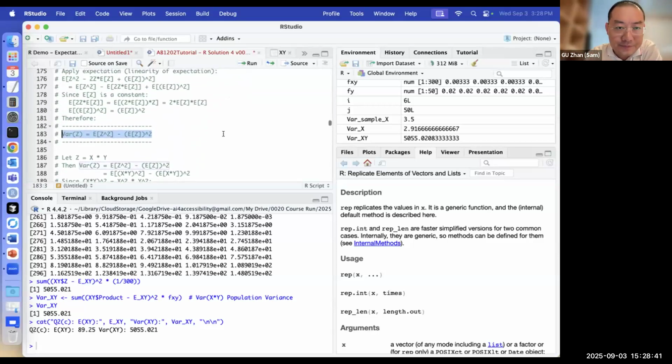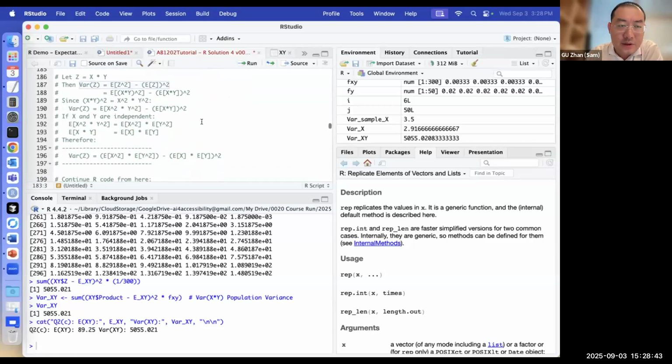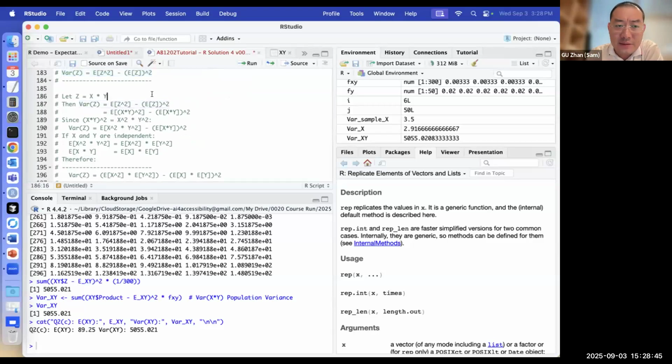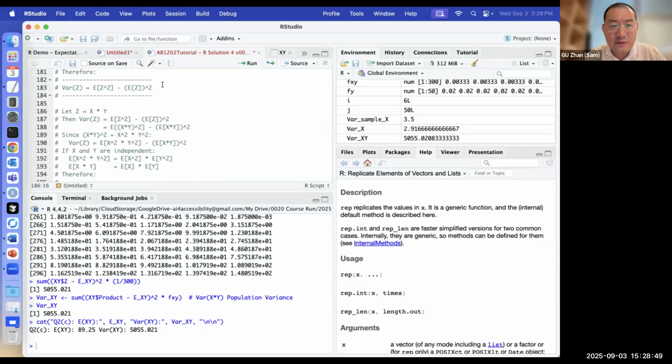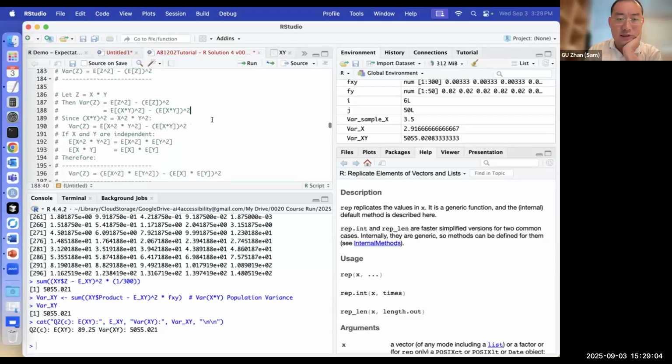Now you let Z equal X times Y and move it into the formula. You replace Z by X times Y. Z to the power 2 is (X times Y) to the power 2. E(Z) is E(X times Y). By the way, this part is still a constant.